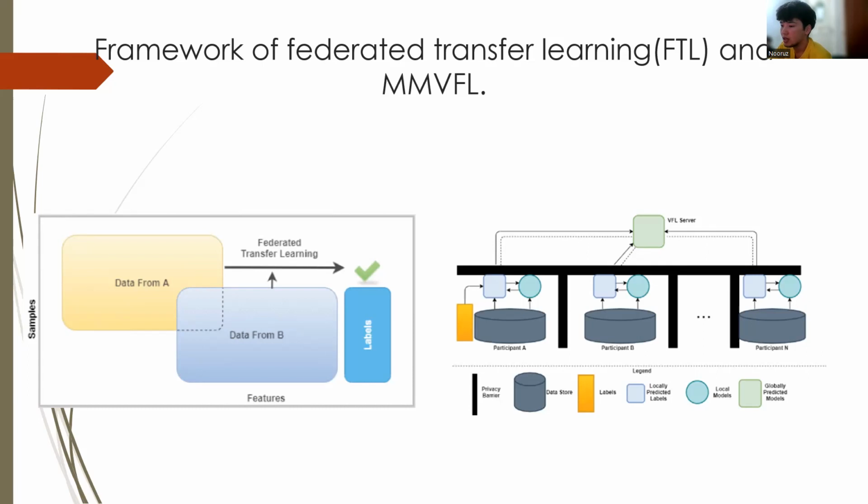That is not always the case, unfortunately. So the proposed framework is meant to alleviate that setback. With the MMVFL framework, the goal is to learn multiple models to complete various different objectives.